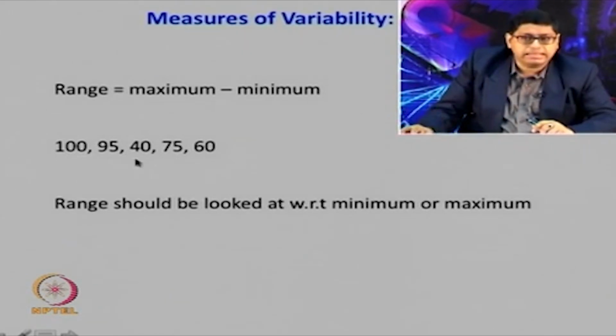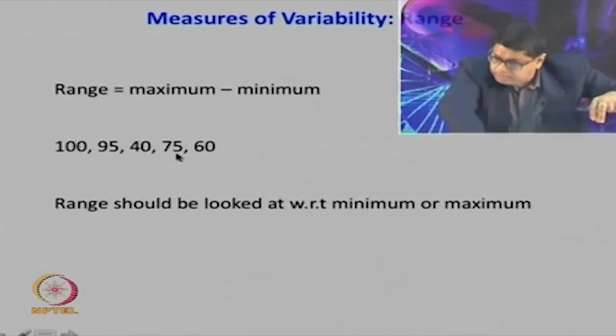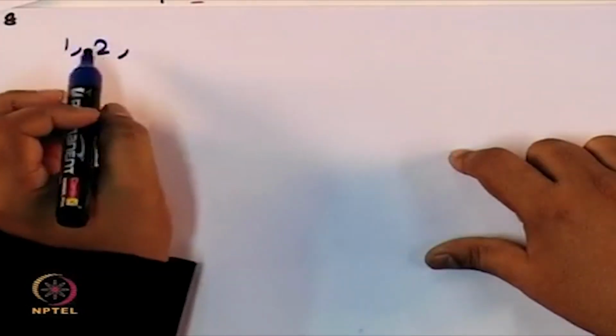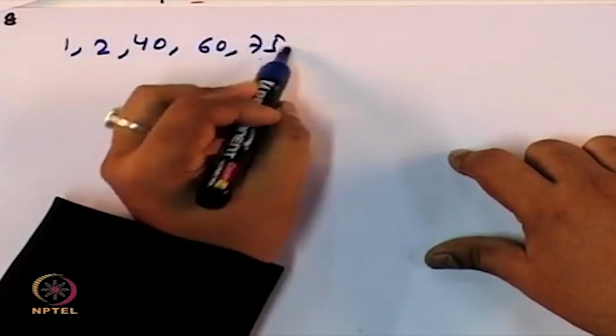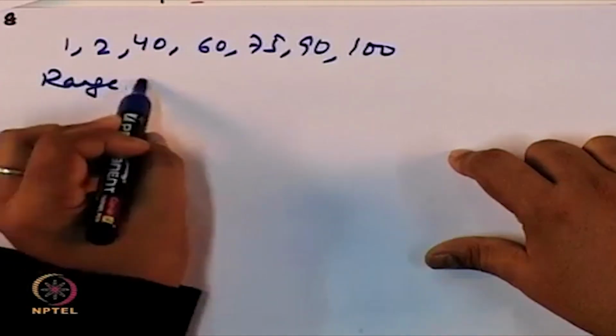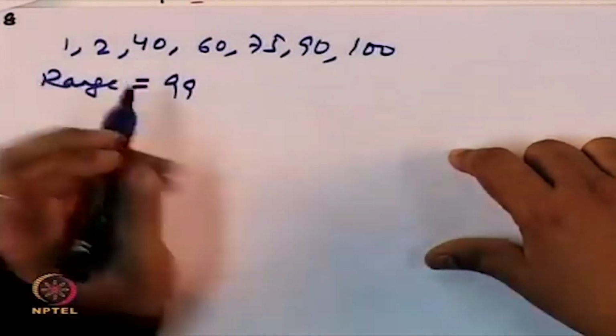But as you can see, the range by itself will not have any meaning unless the values are also put in context. For example, if I have numbers 1, 2 and then I add these other numbers which are 40, 60, 75, 90 and 100, then my range is 99, versus in the other case it was 60.